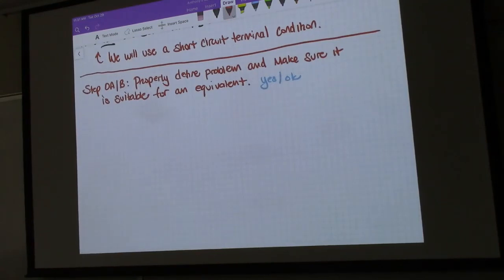All right, so step 1. I'm going to keep it in the same order as before. We want to find RS.